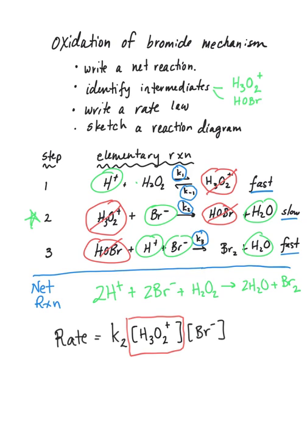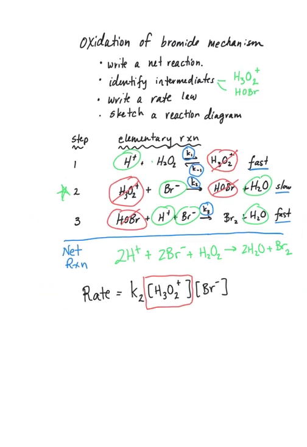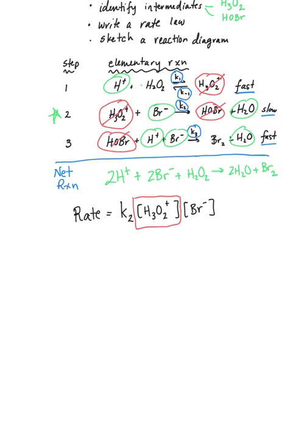We're going to have to find some means by which to substitute an expression for H3O2 plus. To substitute an expression for H3O2 plus, we look to the other elementary step of our reaction mechanism to identify another case where we see it in the first place. We see H3O2 plus in elementary step number 1. It's produced through the forward reaction, and it's consumed through the reversed step in that reaction.